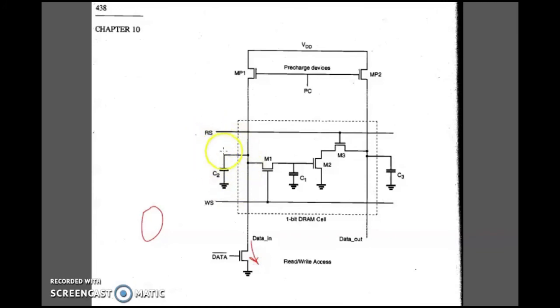Before this operation C2 and C3 are pre-charged, and word select is made high so that M1 is on.